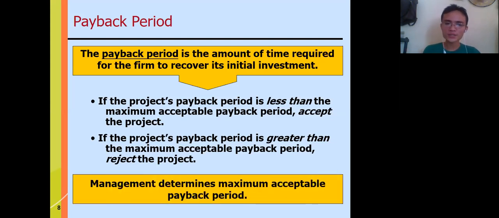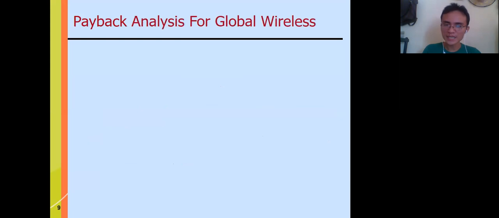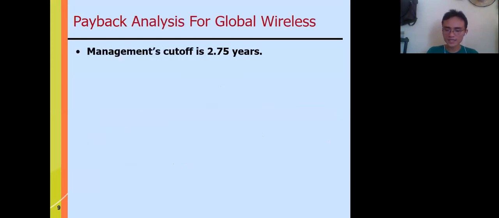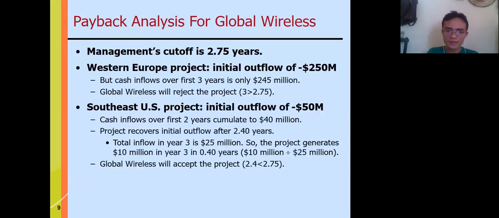So that's the summary of the two. And then management determines the maximum acceptable payback period. Here is the analysis or example. So the cutoff is just given, 2.75 years. And then the initial outflow, if you can recall that part which talked about the outflows, the first project has negative $250 million.